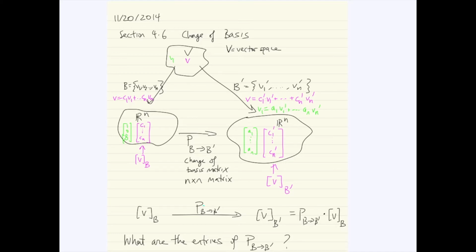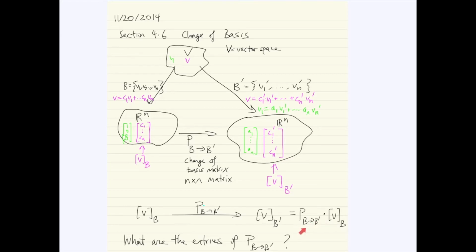Now the question we're going to ask and answer in this video is how to find this matrix. What are the entries of this matrix? Well, we've kind of seen what the first column is going to be, because the thing to remember is when you multiply a matrix by this particular vector, the 1, 0, 0, 0, that's the standard basis vector, you extract the first column of the matrix.